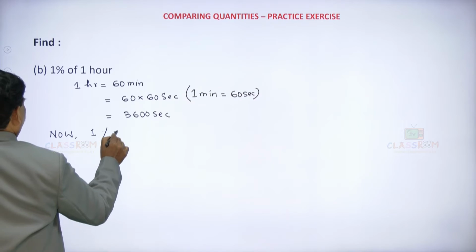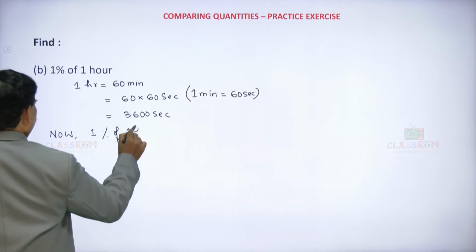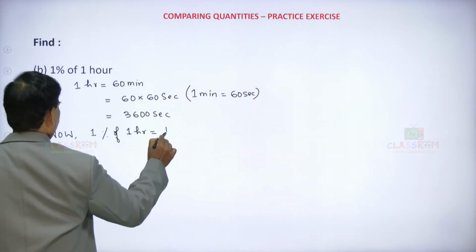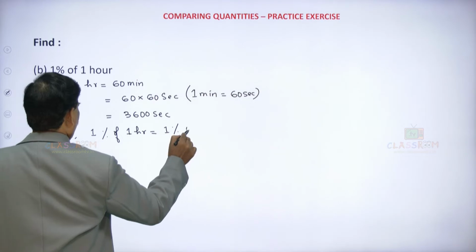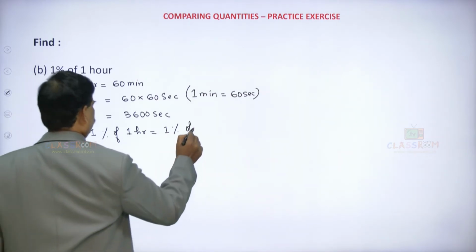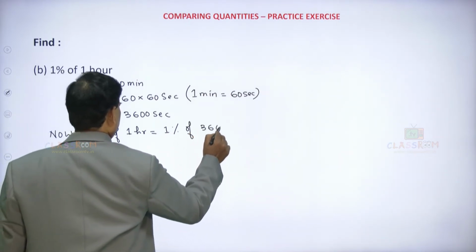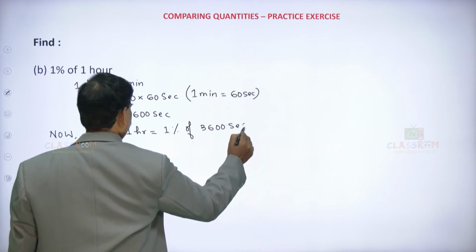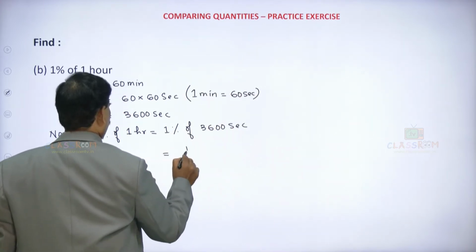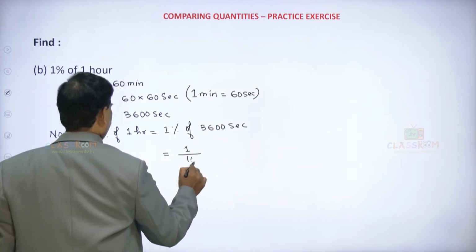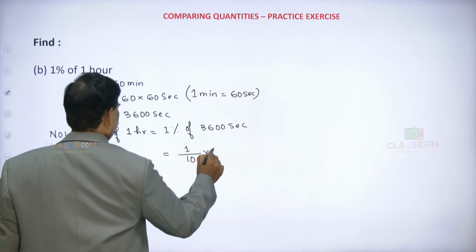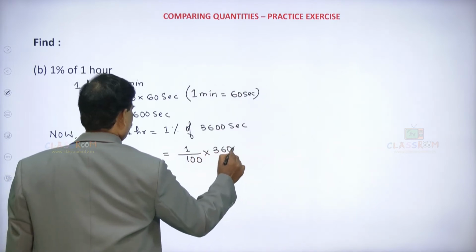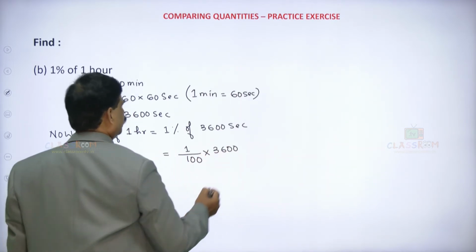1% of 1 hour. That is nothing but 1% of 3600 seconds. So this is 1 by 100 into 3600 seconds.